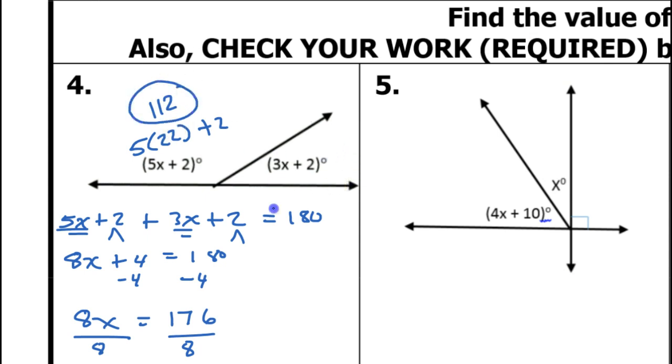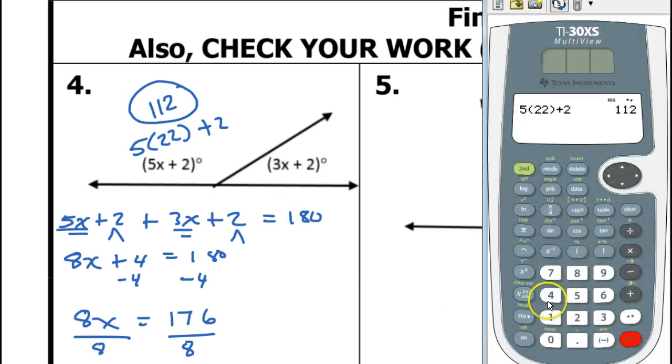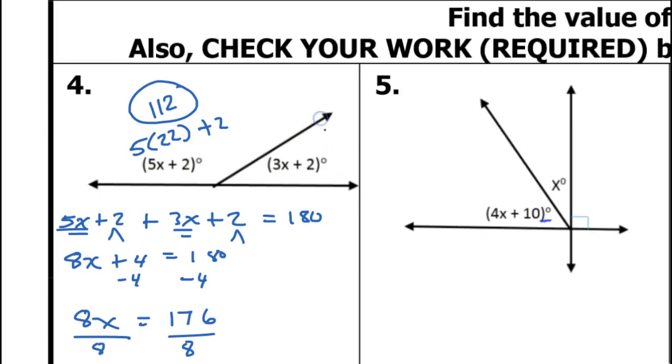All right, the other angle, we should be able to just subtract from 180, or we could plug in 22 again. But I should be able to go 180 minus 112. So that'll be 68. All right, so 112 and 68.